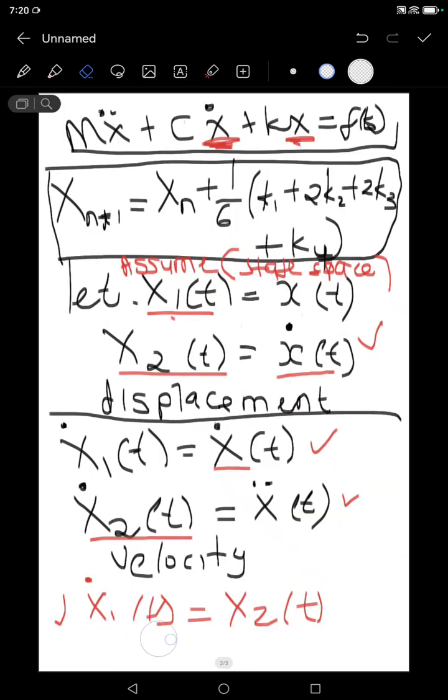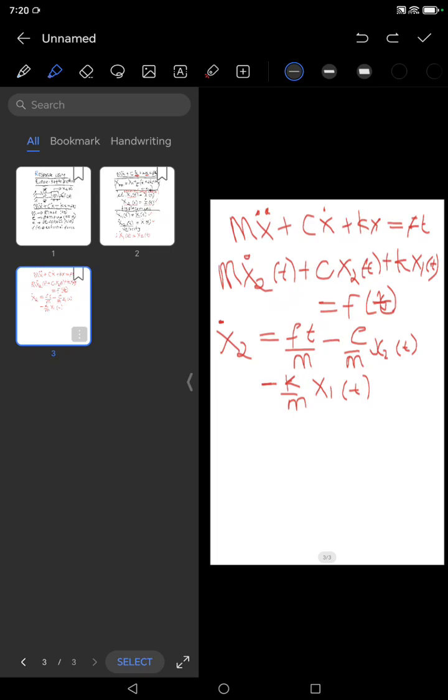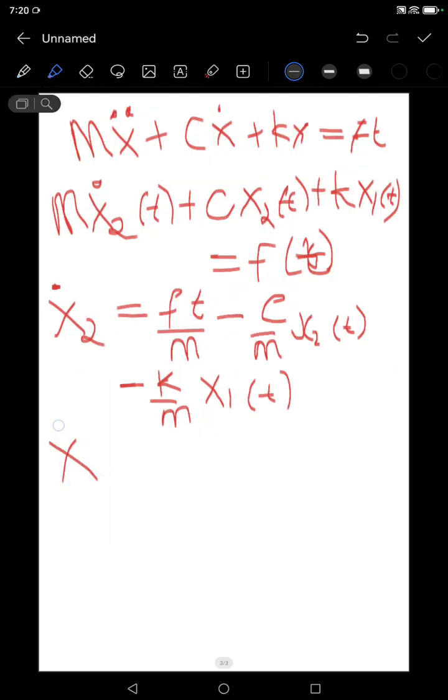We have x1 dot equals x2 of t, like this. So now we have these two equations, x1 dot and x2 dot, from the assumption, from the state space. So now let's write our equation in a matrix form.